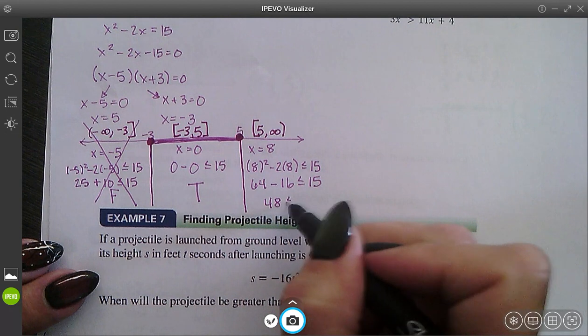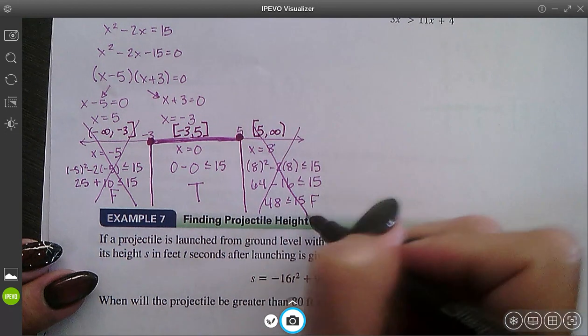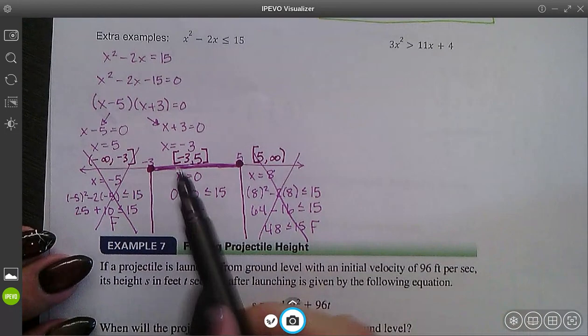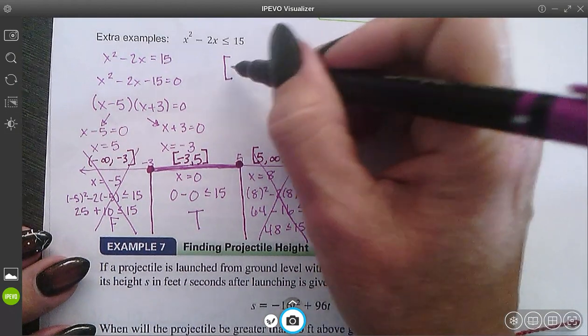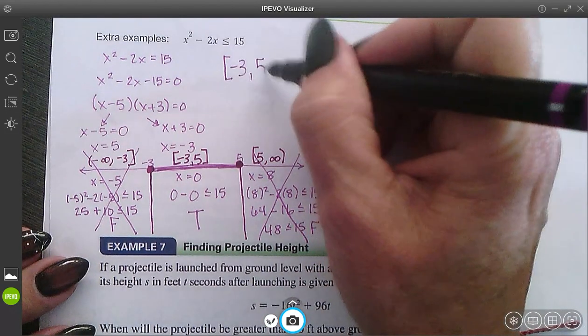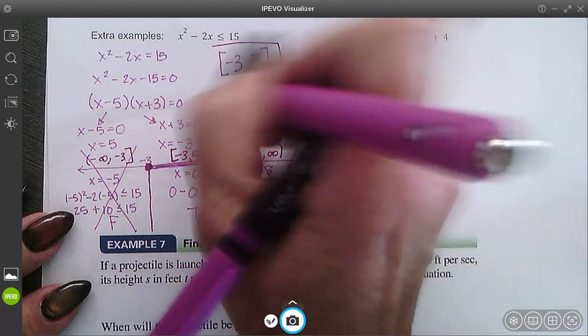Is 48 less than or equal to 15? No. So cross out that section. So the only part that is the solution is that center section from negative 3 to 5 with both being in brackets.